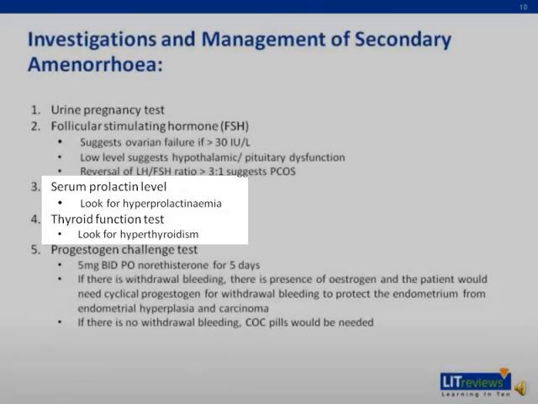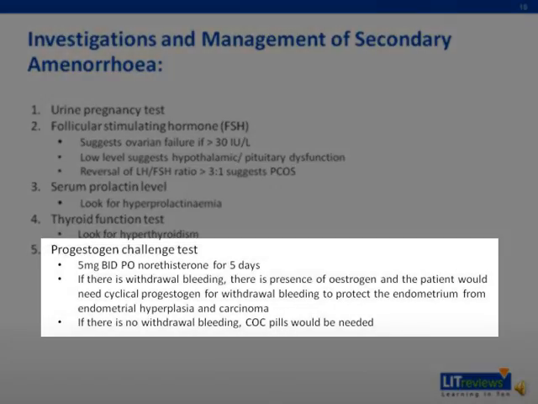Lastly, remember that you can conduct a progesterone challenge test by giving 5 milligrams of any progesterone. Usually, we will give norethisterone, and if there is withdrawal bleeding, that would signify that there is a presence of estrogen. The woman will need cyclical progesterone to induce withdrawal bleeding.